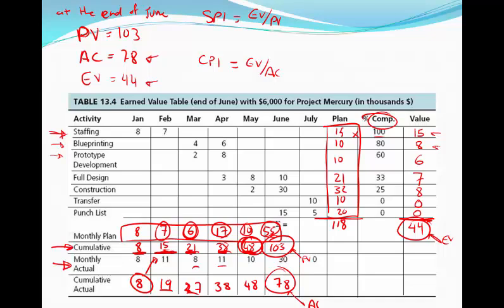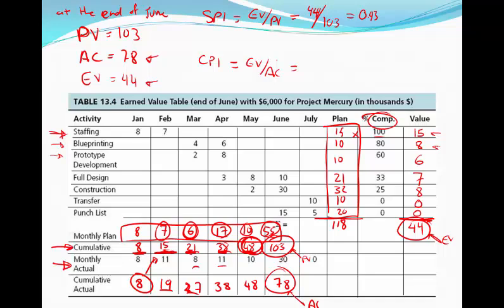So using the numbers we've already got, our SPI in this case is going to equal $44,000 divided by our planned value of $103,000. And if you do the calculations, that should equal 0.43 or 43%.